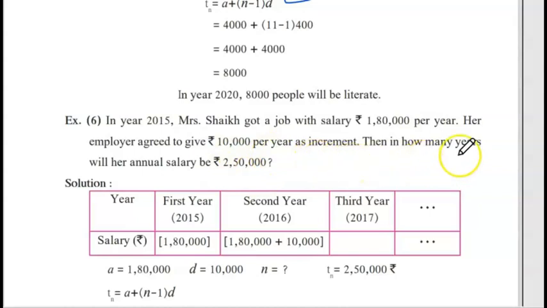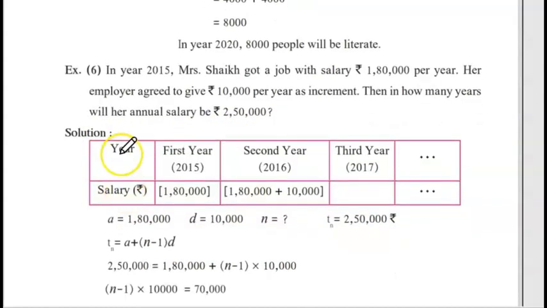Then, in how many years will her annual salary be rupees 2,50,000? Now, you see this table. The year, first year, second year, third year. Salary. Okay. First, that is 2015. The yearly salary was 1,80,000. Second year, that is 2016.